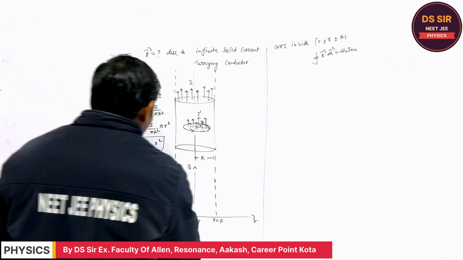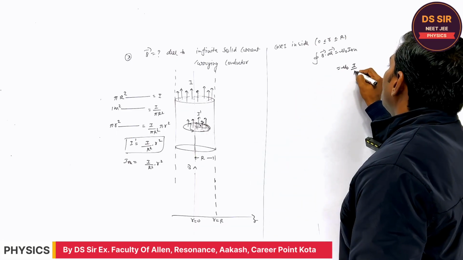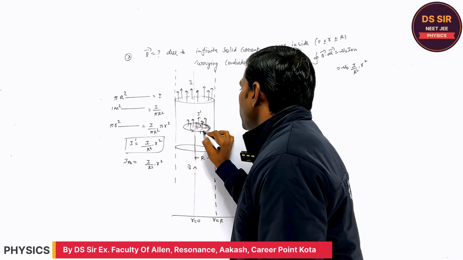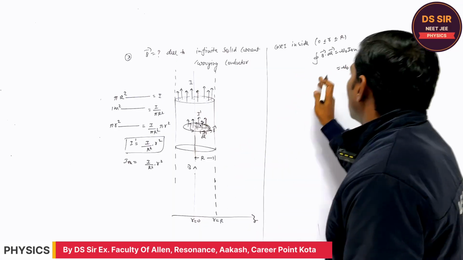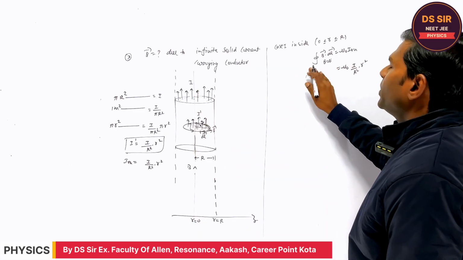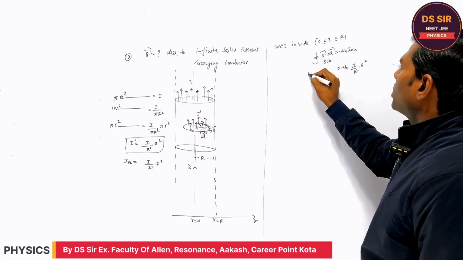Yes. Now this is the I enclosed, I upon R square into small r square. If you consider the dl vector and the B vector, B again comes out, and theta is 0. So B dot dl is B dl cos 0, and B comes out of the integration.